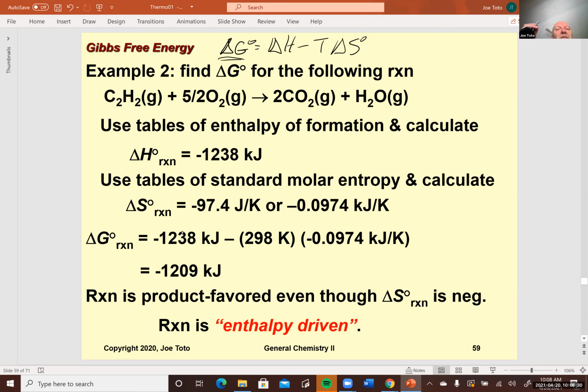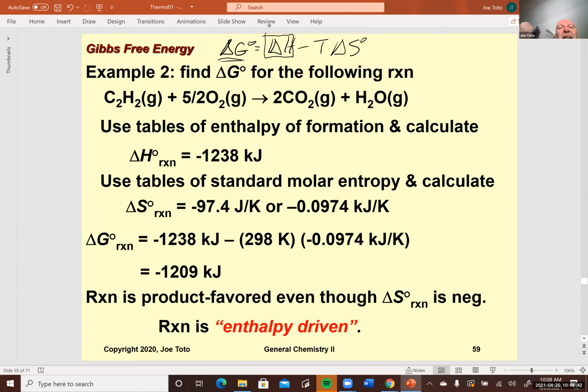If they're opposite signs, and we have those cases that when delta H and delta S are the same signs, that means that because of this negative here, this term is going to have an opposite sign from this term. Okay, so they'll be working against each other as far as the overall sign of delta G.